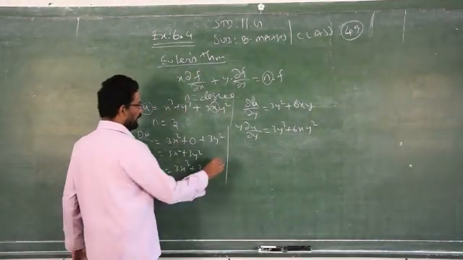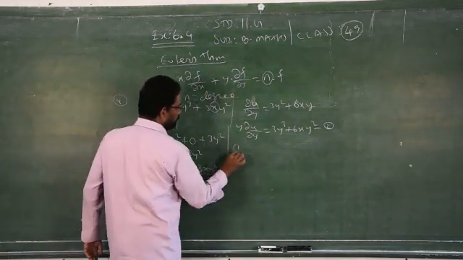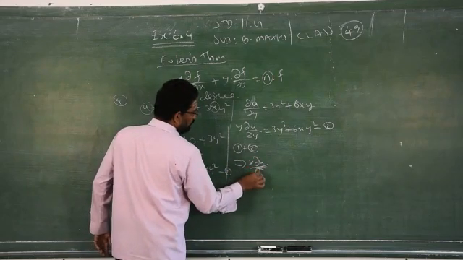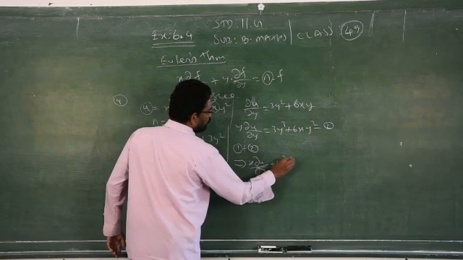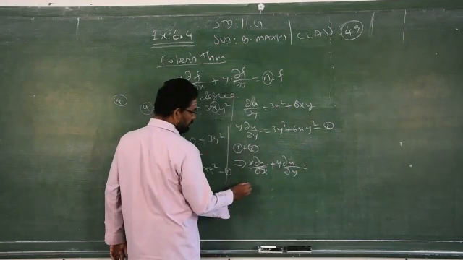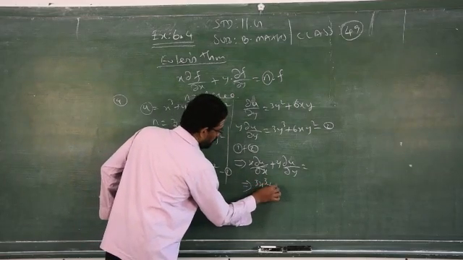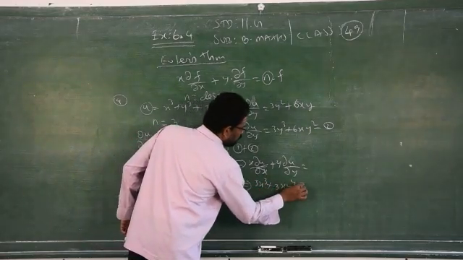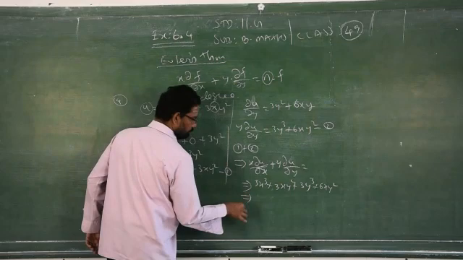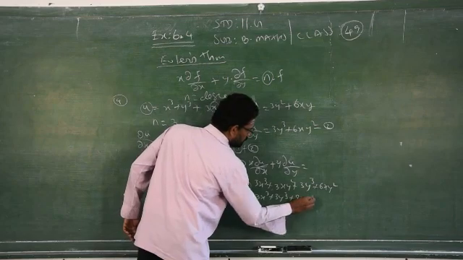square. Now you can add, this is equation number 2 and this is equation number 1. 1 plus 2 will give you x ∂u/∂x plus y ∂u/∂y is equal to, what is that? 3x³ plus 3y³ plus 9xy².